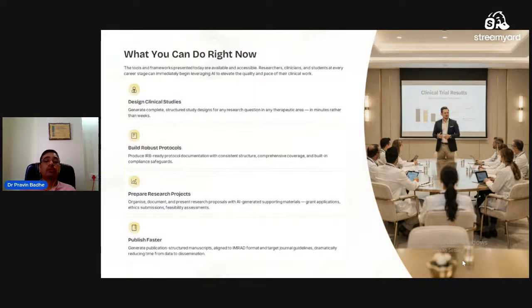So what you can do now, to take it further, is design the clinical study. I showed you our tools, but there is no need. You can use the large language model directly, but you will need standardized scientific prompts which you will utilize for designing the clinical study. Develop the protocol which can be sanctioned by the committee and can be run.